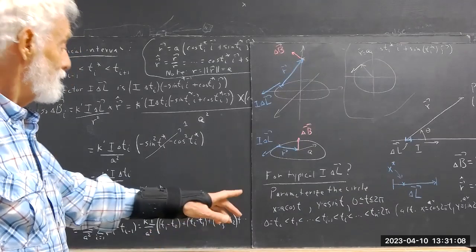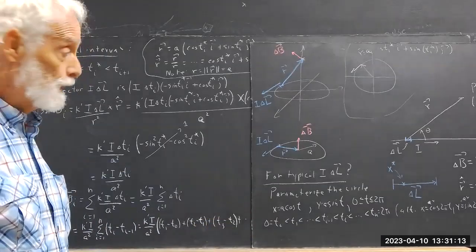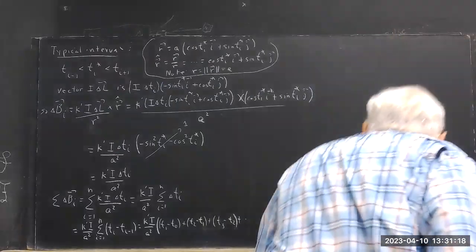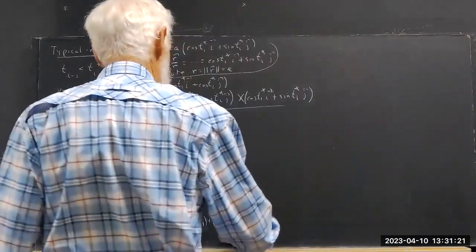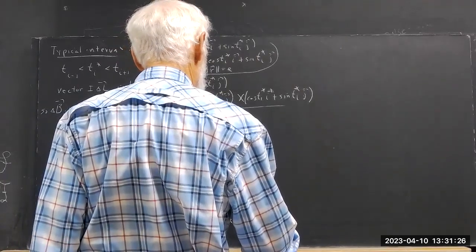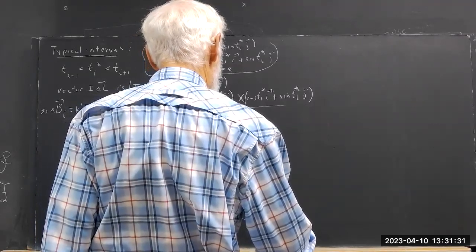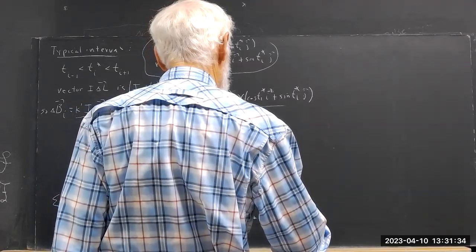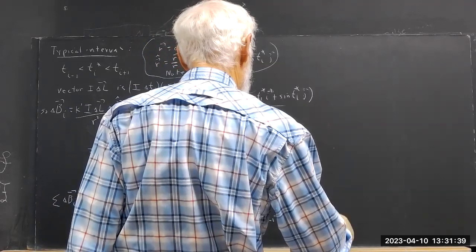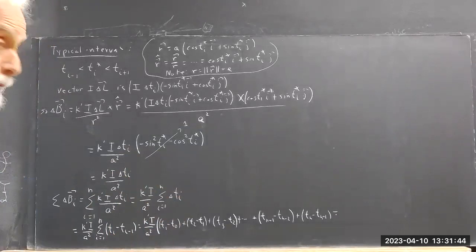And you're gonna have a T4 minus T3, so you're gonna have a negative T3 to go with this T3. Well, that's gonna happen all the way to the end.